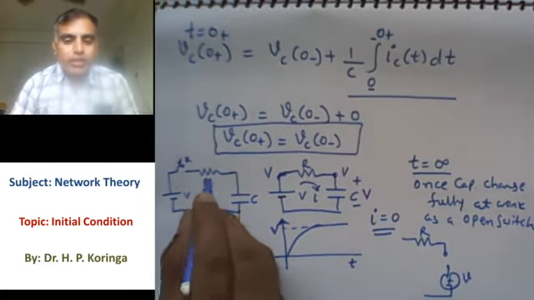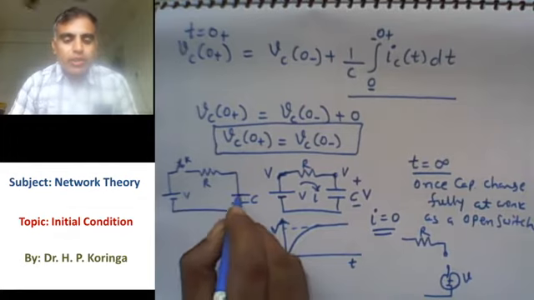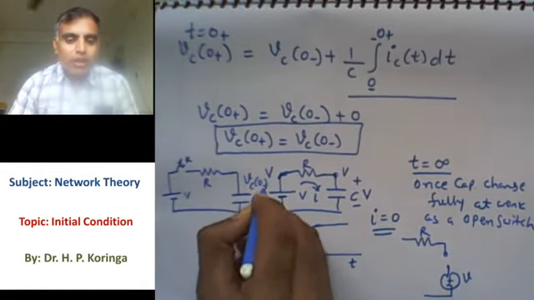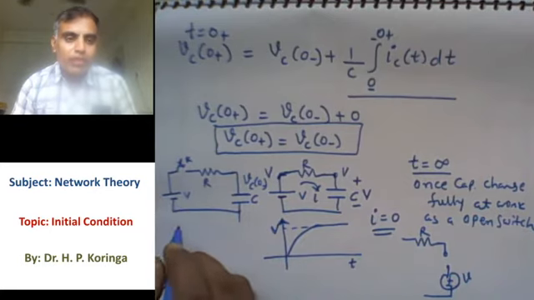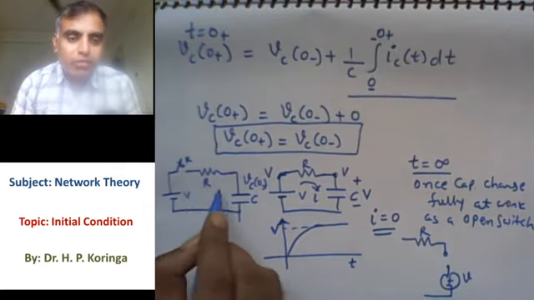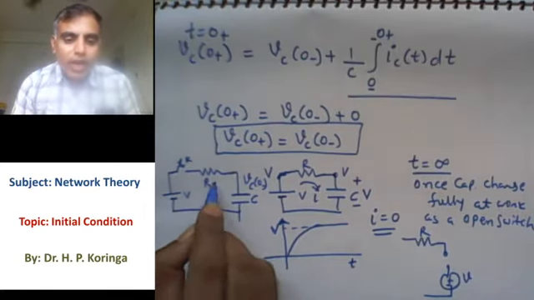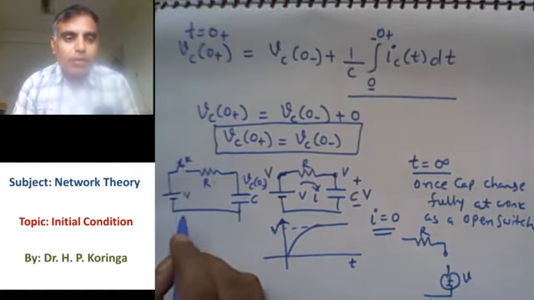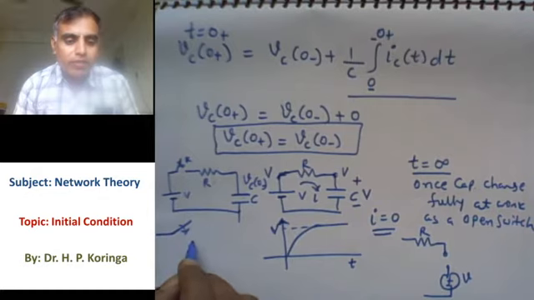Initially, suppose in this network the voltage across the capacitor is VC(0-) equal to 0. VC(0-) means before switching, and before switching this network is not connected to any supply. R and C are not connected to any supply. Before switching, the switch was open. This arrow indicates the switch is open before switching.